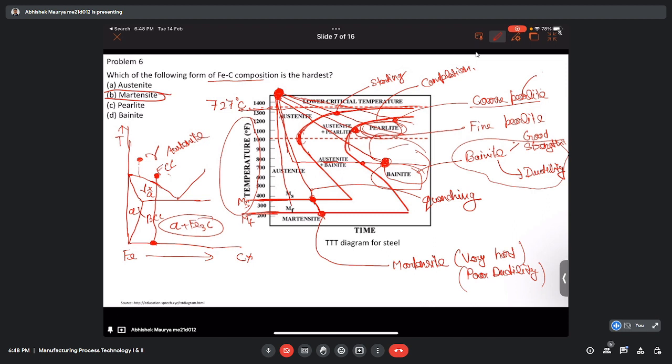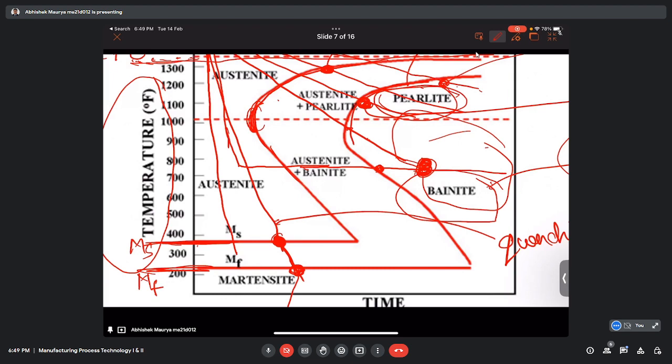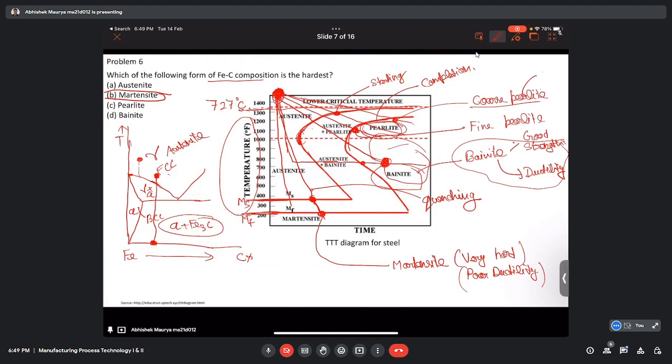That is the hardest form of any steel, and we will get it by a very rapid cooling rate of the austenite. So basically it is a diffusionless transformation, because here the cooling rate was too high.